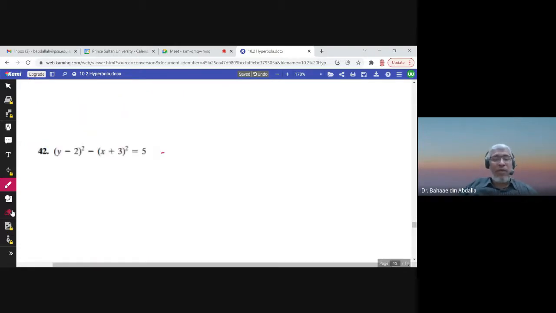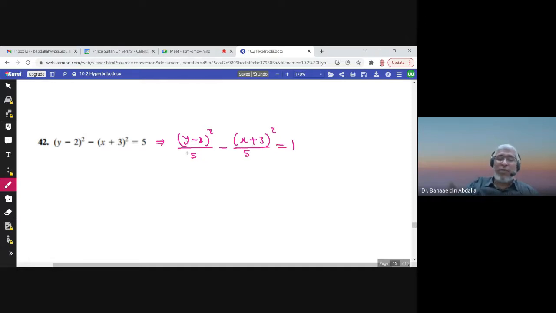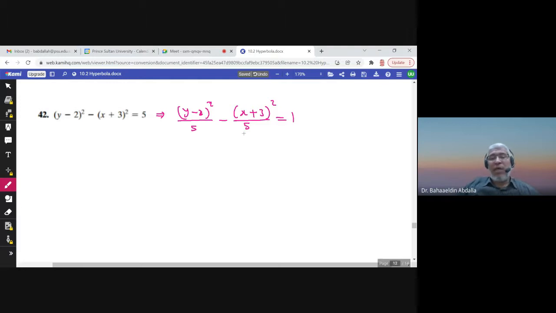Here again you divide by 5. So I will have (y minus 2) squared over 5 minus (x plus 3) squared over 5 equals 1. See here a equals b. This is one example when a equals b.